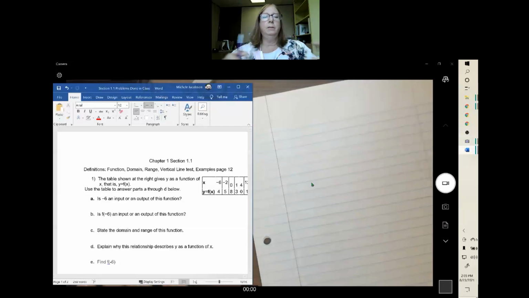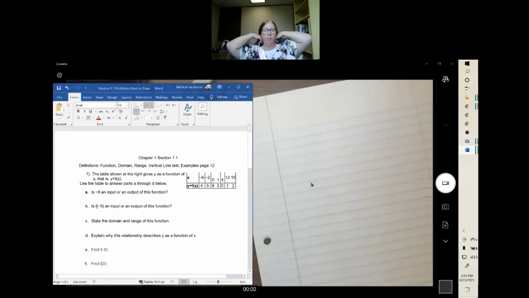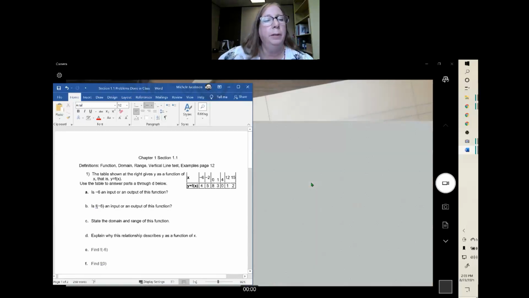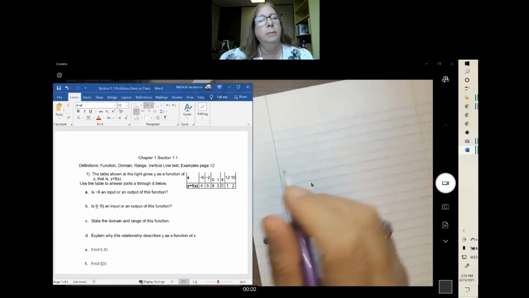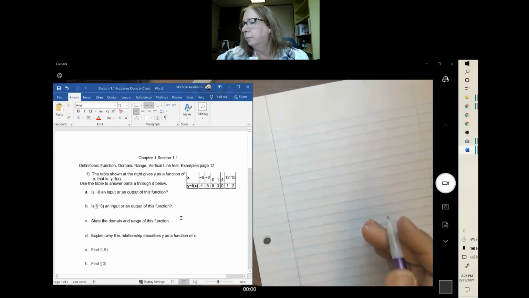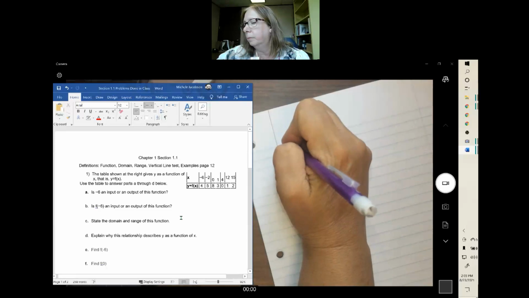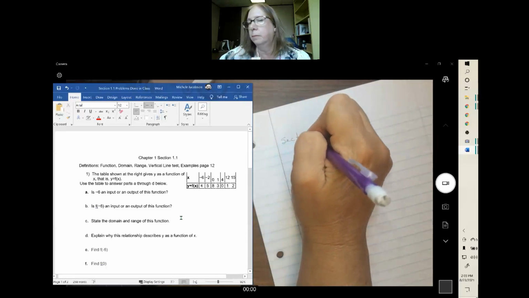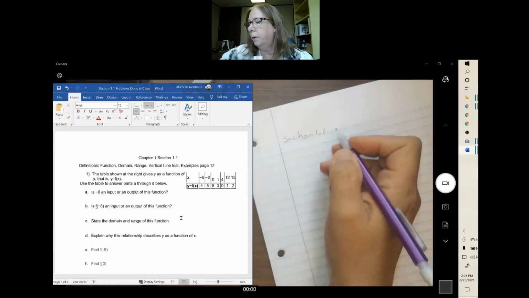Okay. These are the problems we're going to go over today, and will put them up with the recording so you have them there. The first part with section 1.1 is a couple definitions. The first one is function.